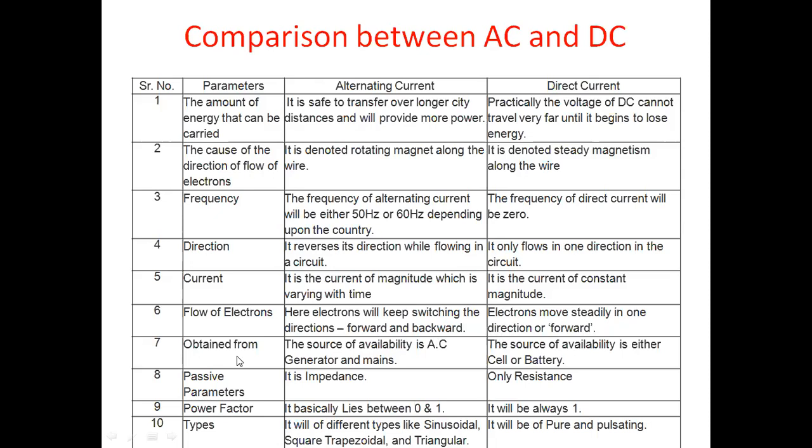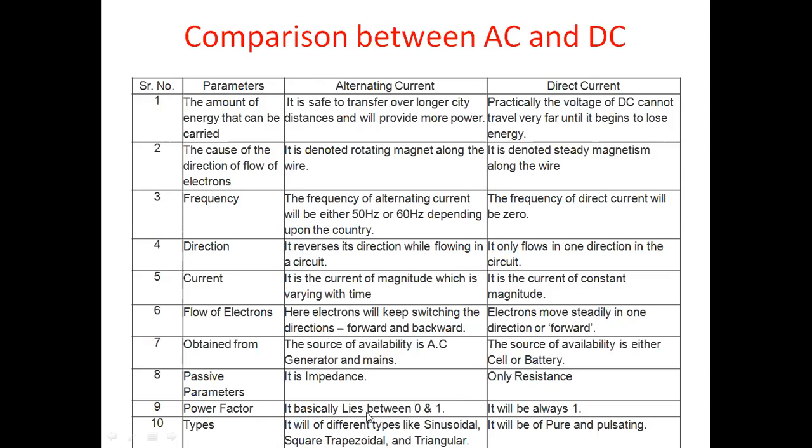Next is the source, or from which source it is obtained. AC is obtained from the generator and mains, and DC is obtained from a cell or battery. Next is passive parameters. The passive parameter in the case of AC is impedance, and for DC it is resistance. Next is power factor.